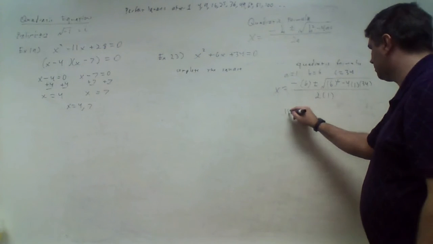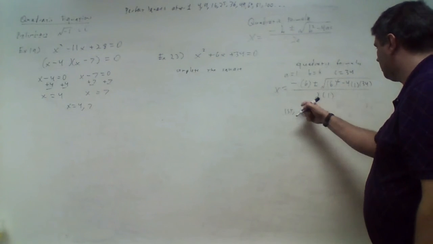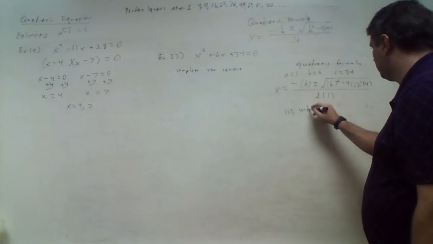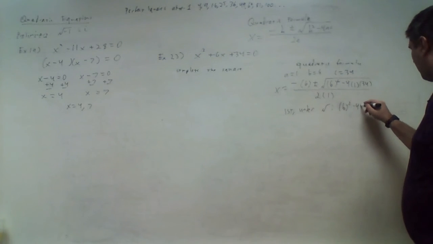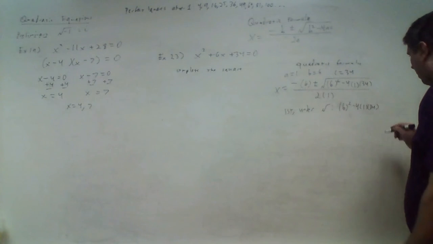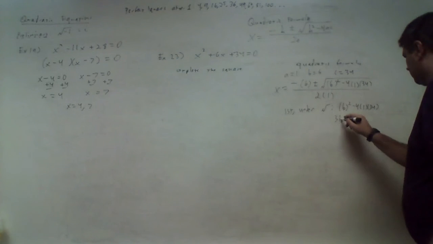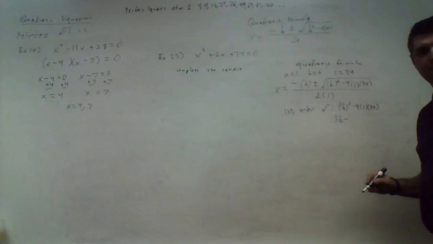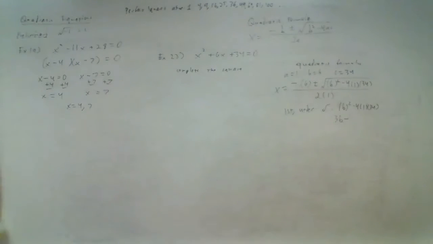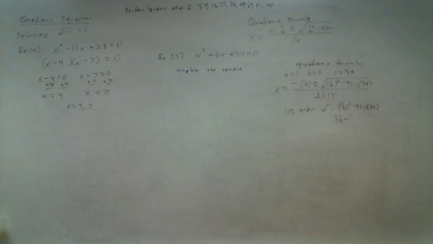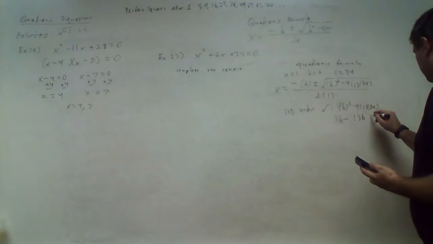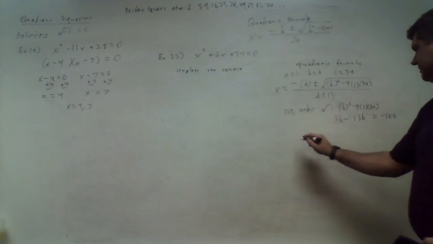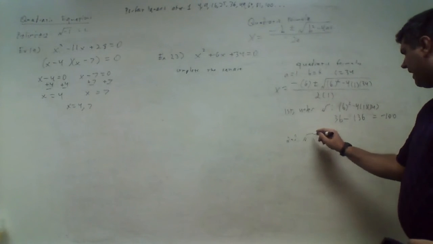So first, under the radical. So 6 squared minus 4 times 1 times 34. 36 minus 4 times 34. I don't have the paper with me right now. 136 gives me negative 100. Second, square root of negative 100.